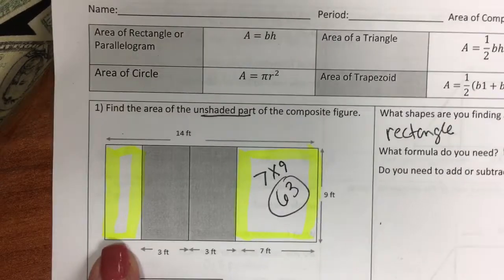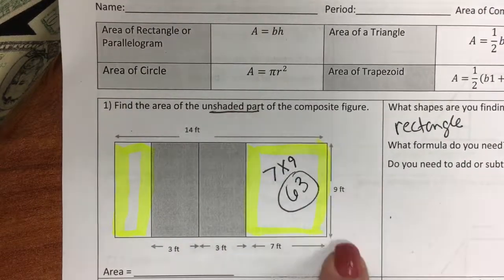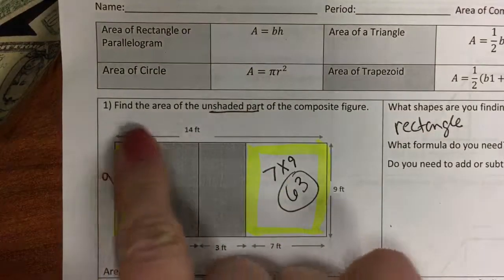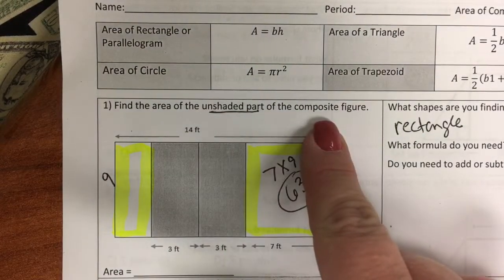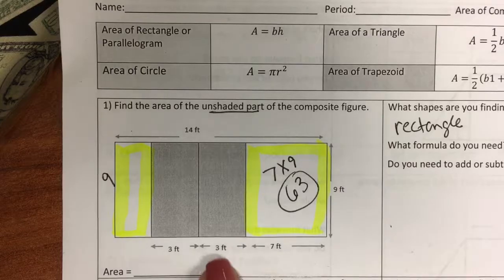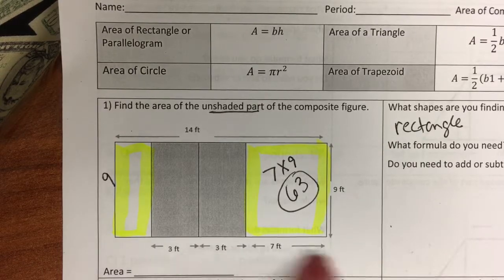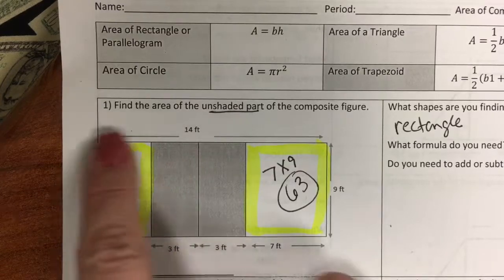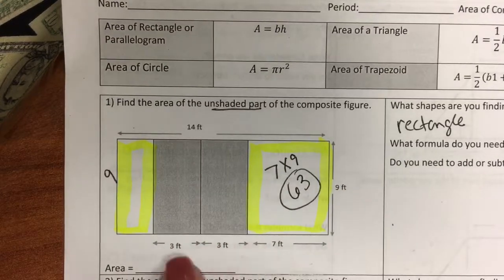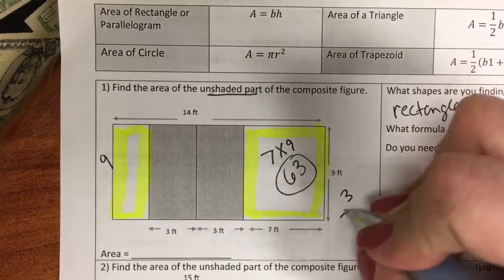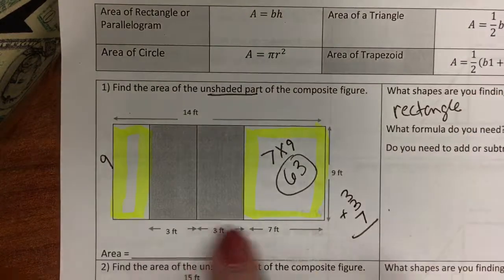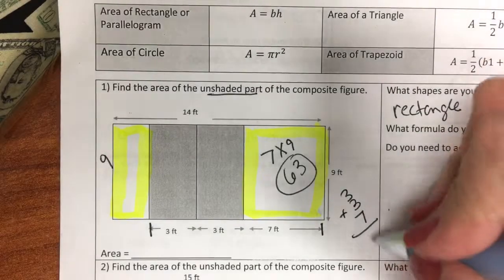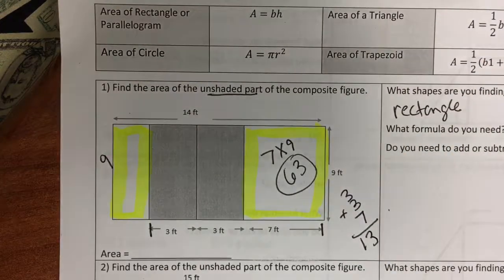Then I can find the area of this part. Well, if this is 9 feet tall, this is 9 feet tall. If all of this is 14, but this part is 7, this part is 3, and this part is 3, I can subtract this from here to get this. So it's 14 feet all the way across. So we have 3 feet plus 3 feet plus 7 feet from here to here. Okay, so that is 13 feet.